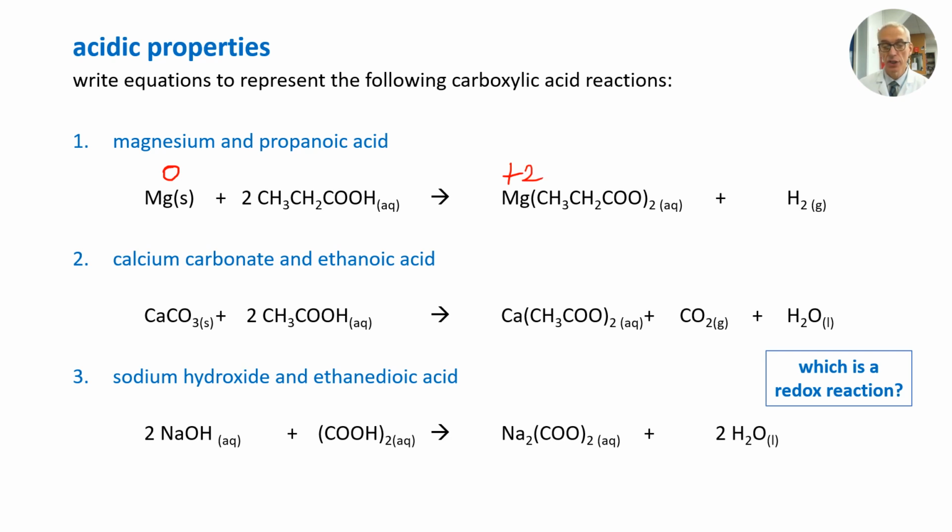Hydrogen, if we just focus on the acidic hydrogen here, is +1 in a compound and 0 as an element. So there's a change in oxidation number, and therefore reaction 1 is not a neutralization, it is a redox reaction.